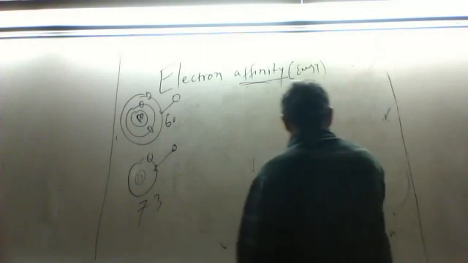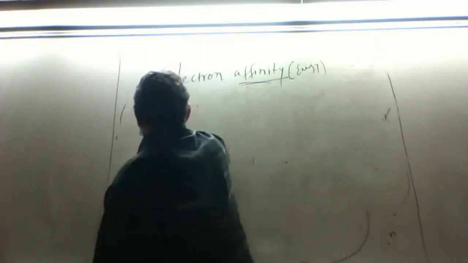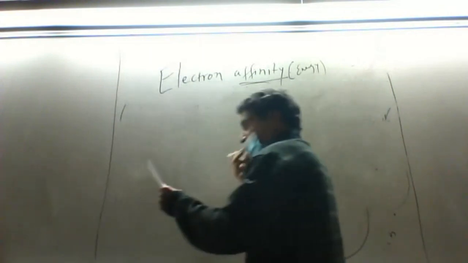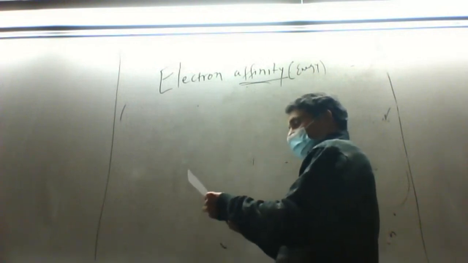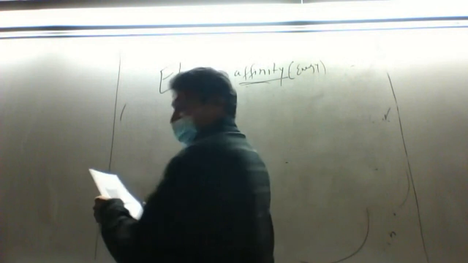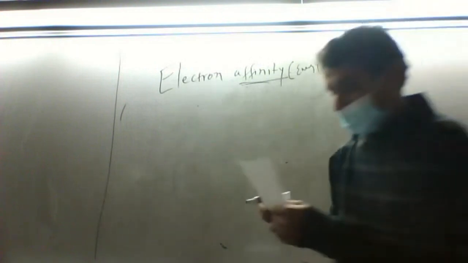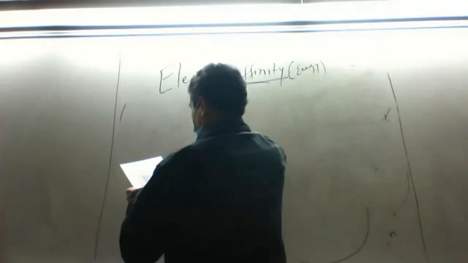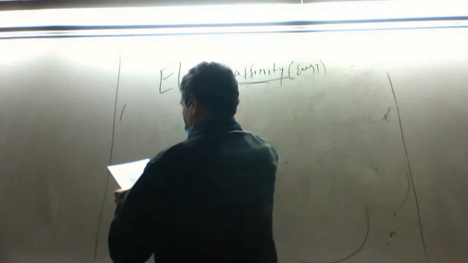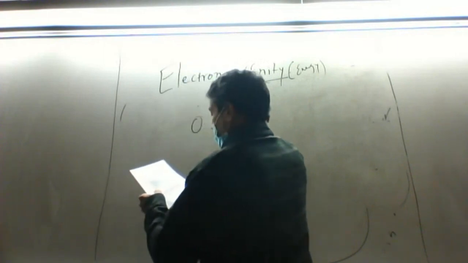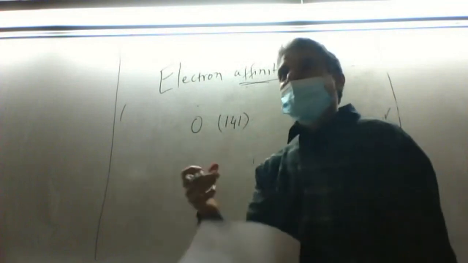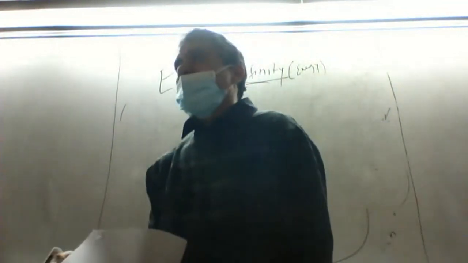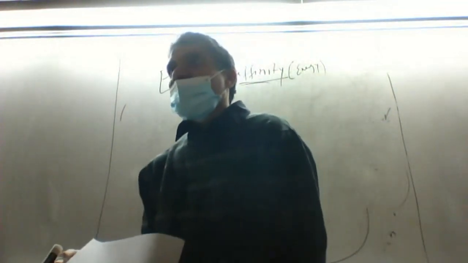Now, let's look at a couple of things here, like the anomalies. The group 7 element has too high an electron affinity. Look at oxygen, there is only 141. So if oxygen has to take the electron, it releases about 141 kilojoules of energy.